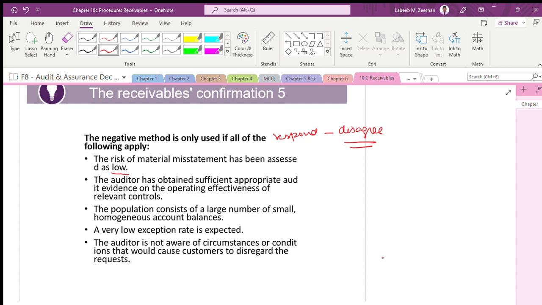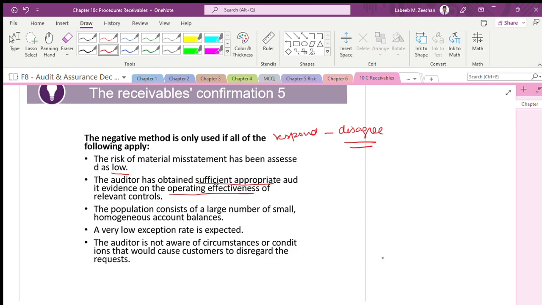The negative method also requires that the auditor has obtained sufficient appropriate evidence of the operating effectiveness of the relevant controls. What are the relevant controls? In terms of the confirmation, it is in terms of the bank receipts and the sales invoices.